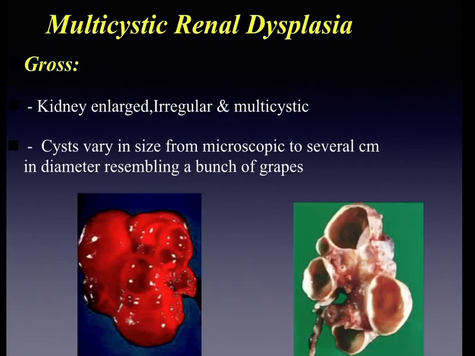So grossly when you examine, the kidneys are enlarged, irregular, and multicystic, and these cysts vary in size from microscopic to several centimeters in diameter, which can resemble a bunch of grapes on cut section.